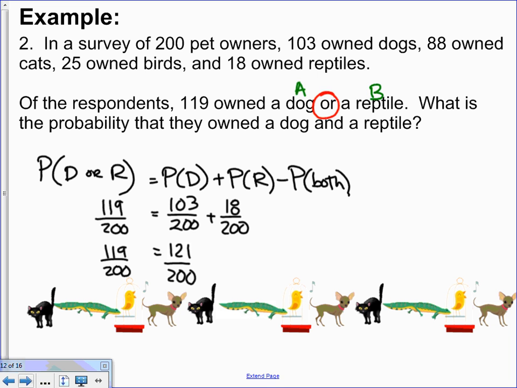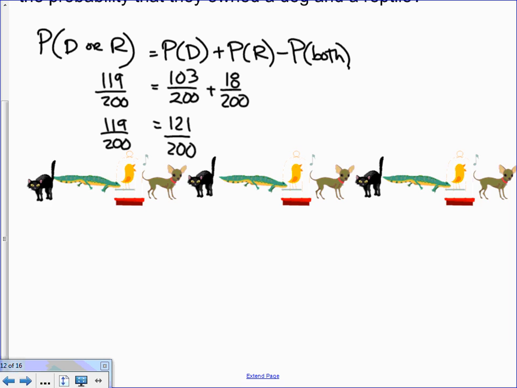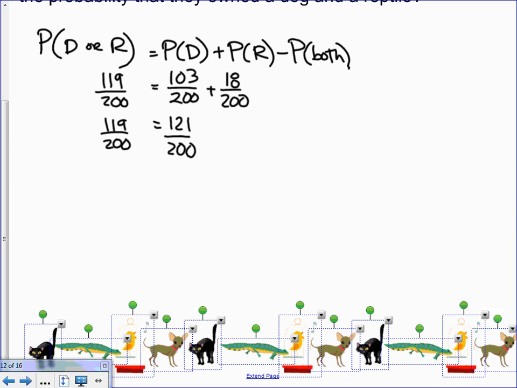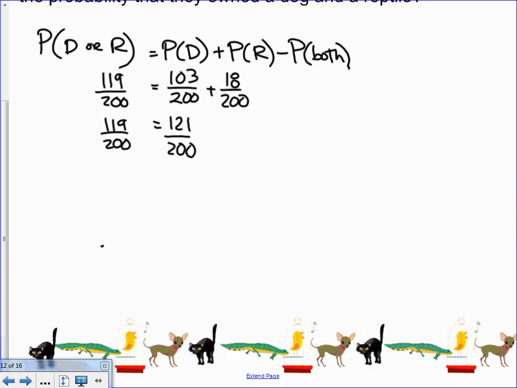So this one works out a little bit differently. So then on the other side here, I can just say minus the probability of both. Okay, that's our unknown.